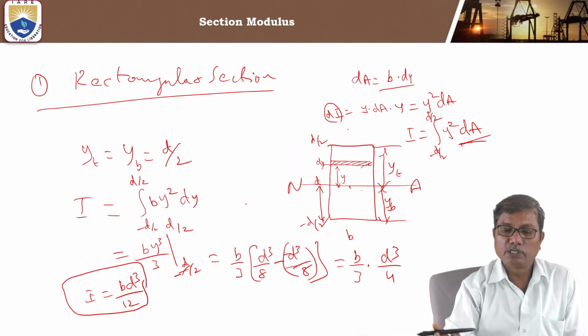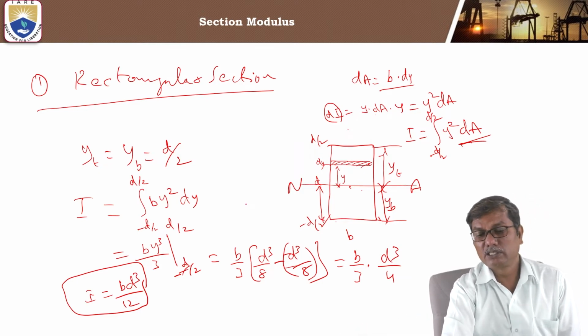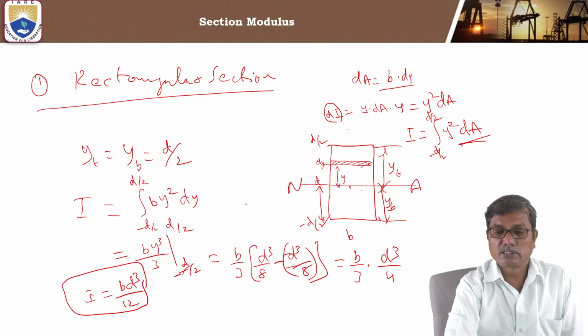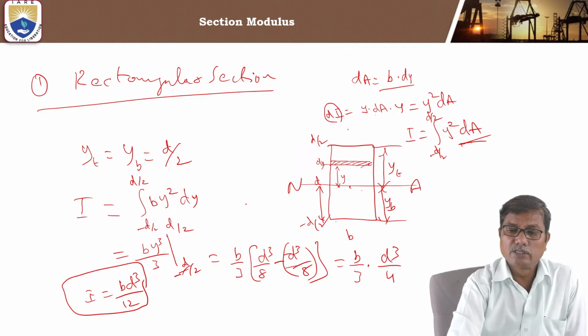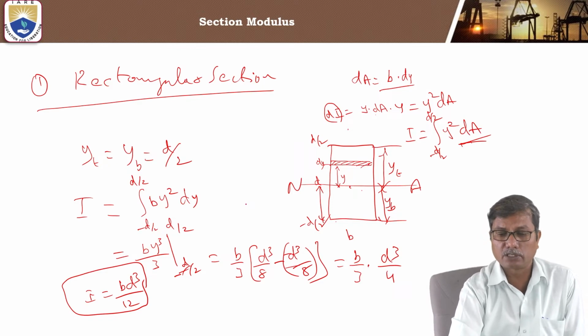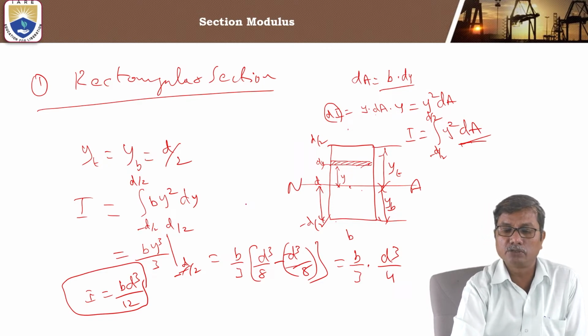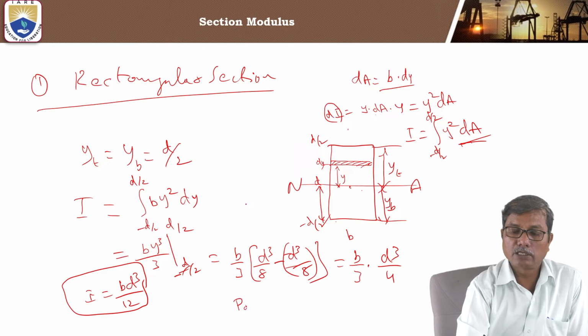So bd cube by 12 will be the moment of inertia with respect to the neutral axis, the centroidal axis. And moment of inertia with respect to any other axis parallel to the centroidal axis can be obtained by using the parallel axis theorem.